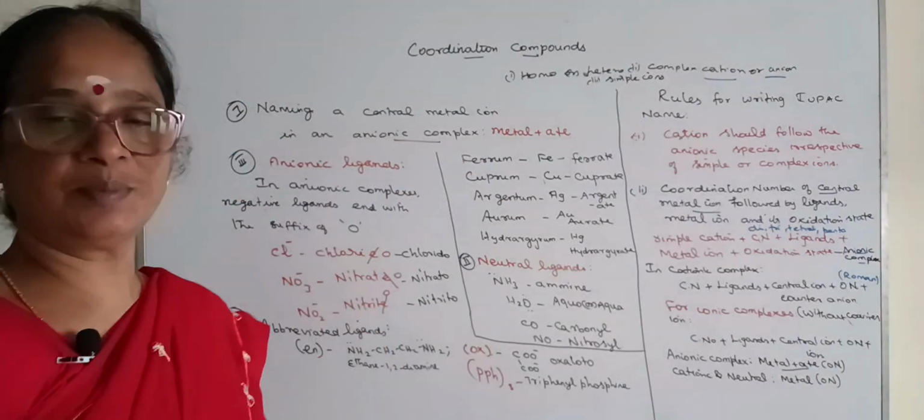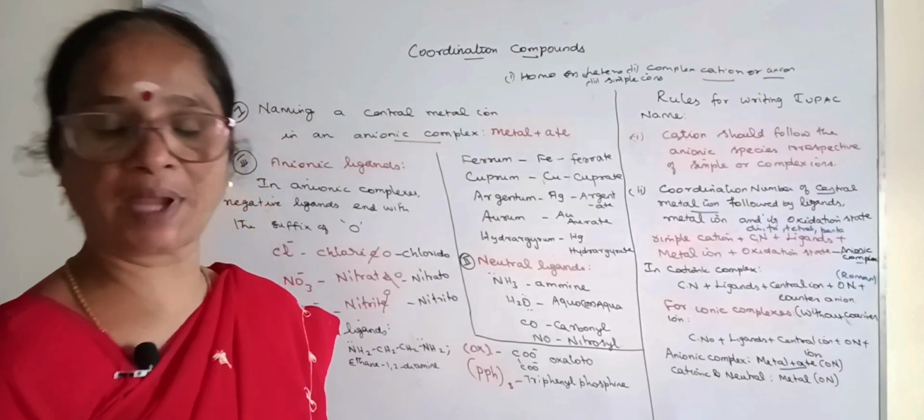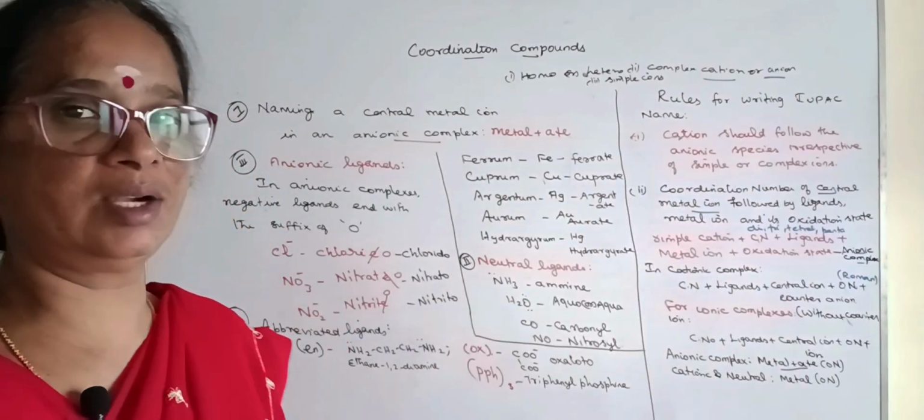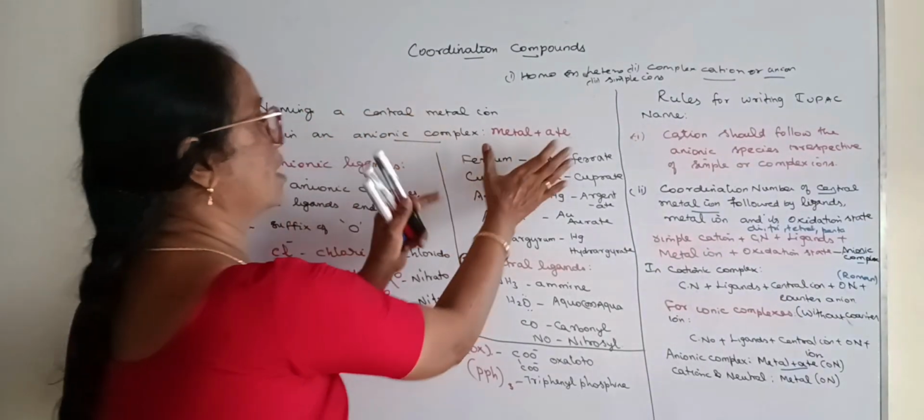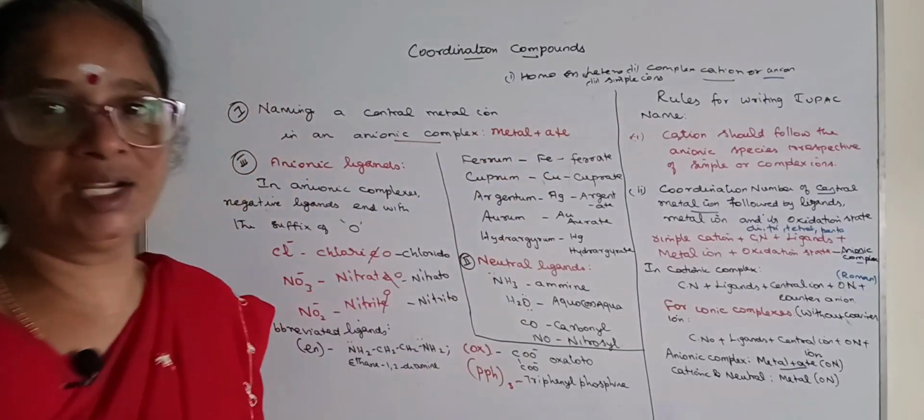The complexes may be neutral, cationic, or anionic. This naming we are considering only for the anionic complexes.